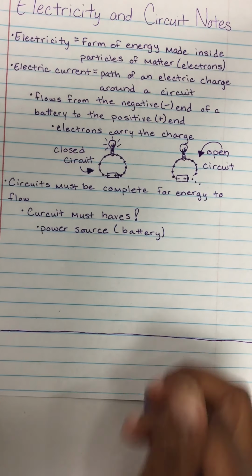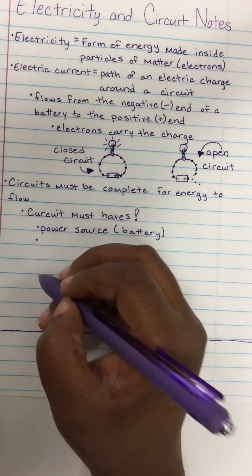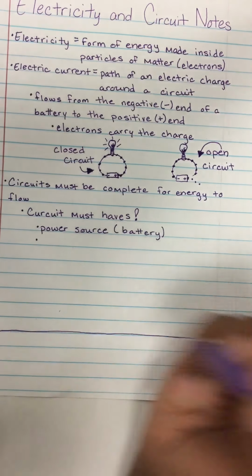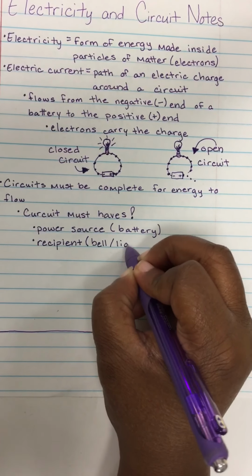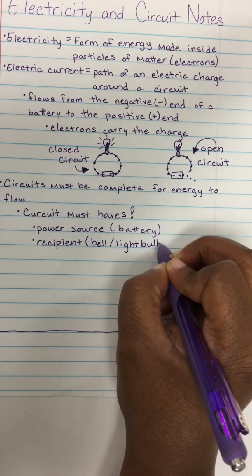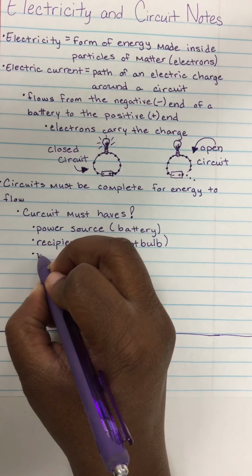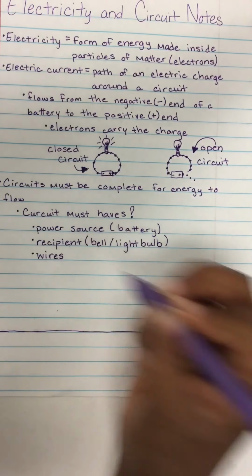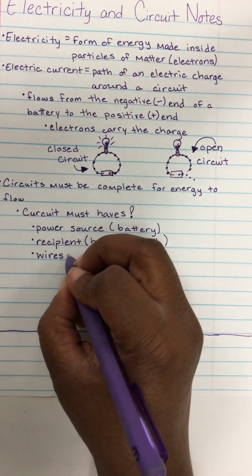Circuits also need something to power or a recipient, something that is going to receive or get the electricity. Often we use either a bell or a light bulb. Last thing that they must have are wires. This is what allows the flow of electricity.